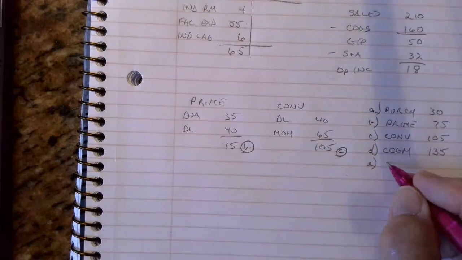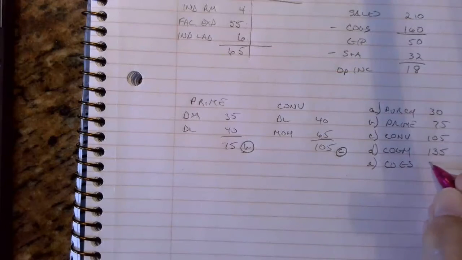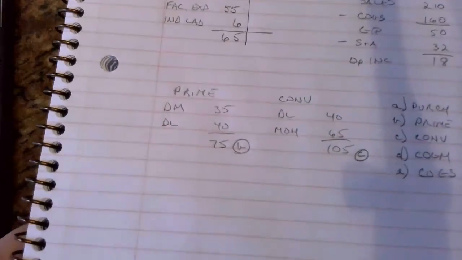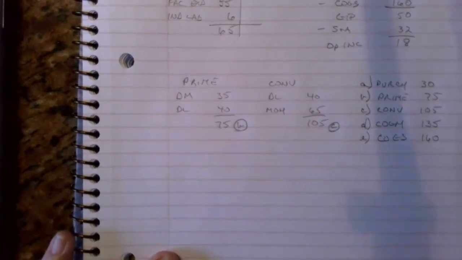So cost of goods sold is 160. And finally, identify whether the materials, labor, and overhead are variable, fixed, or mixed. Well, we know that, so what do we have for F? This is F, right?